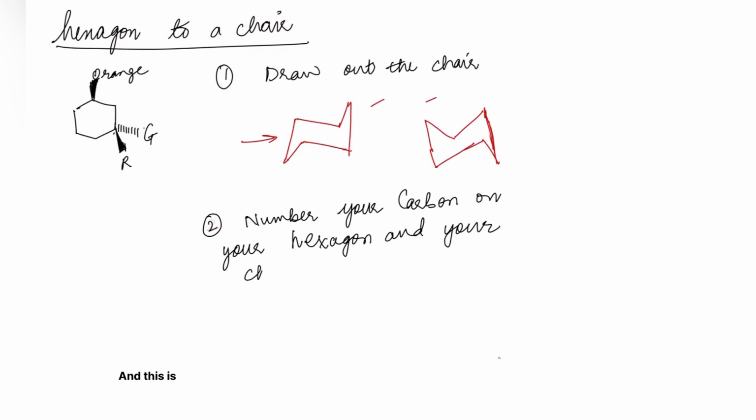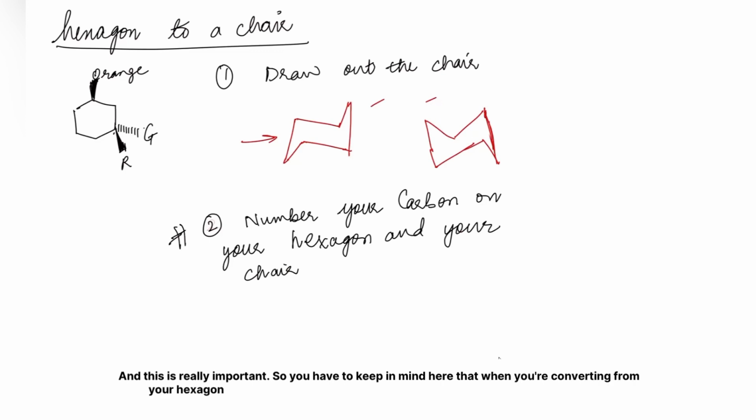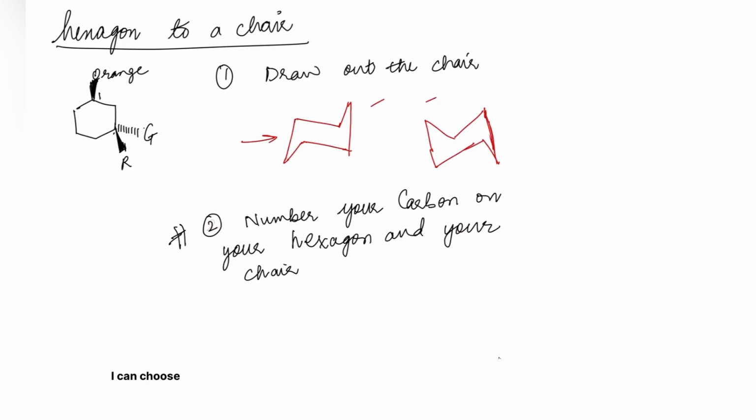And this is really important. You have to keep in mind here that when you're converting from your hexagon to a chair, the numbering has to be the same, meaning that I can choose any atom as my number 1 carbon, right? It doesn't matter. So if I just say 1 here, 2 here, 3 here, and 4 here, 5 and 6.